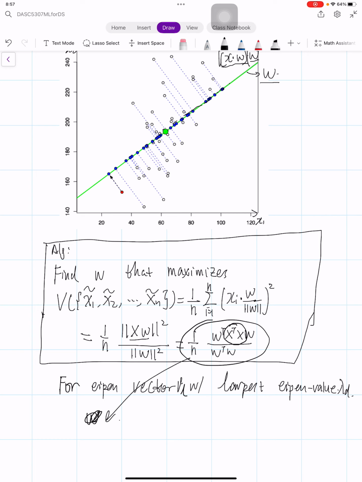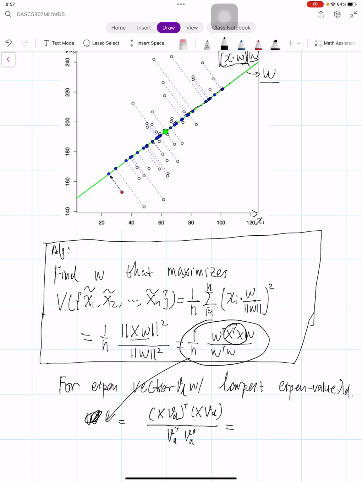So we have this W, and we have this quantity equal to vd transpose X transpose X vd, over vd transpose vd.